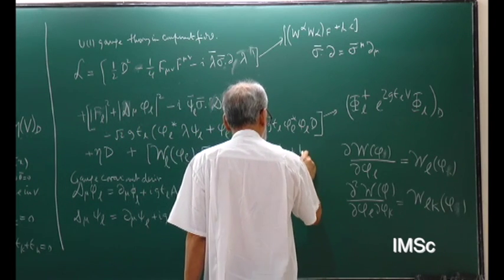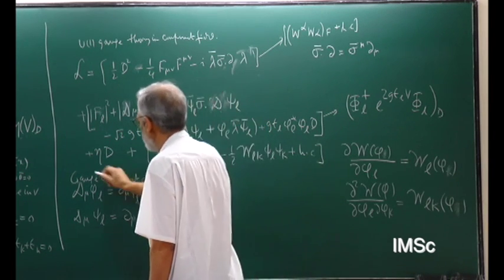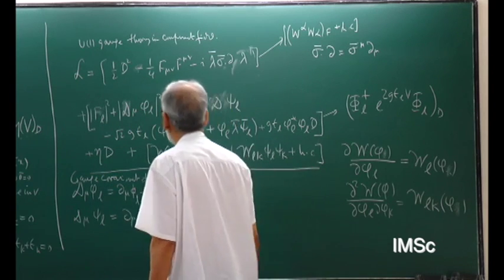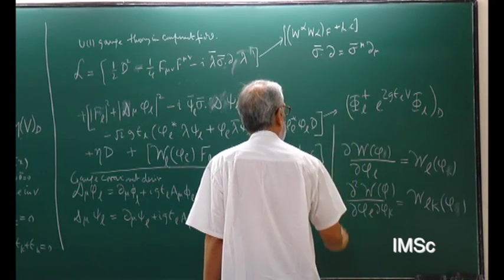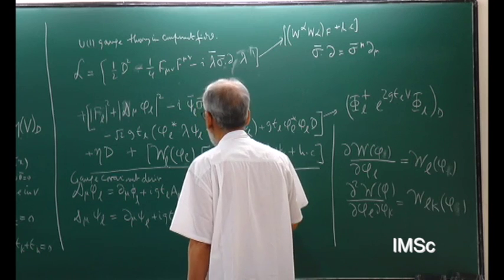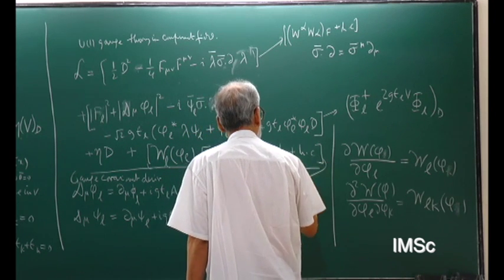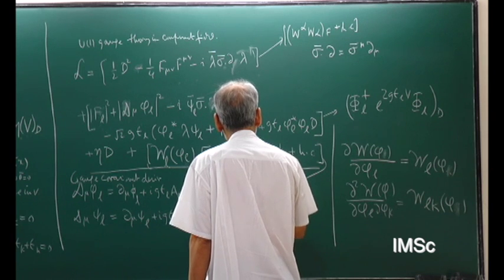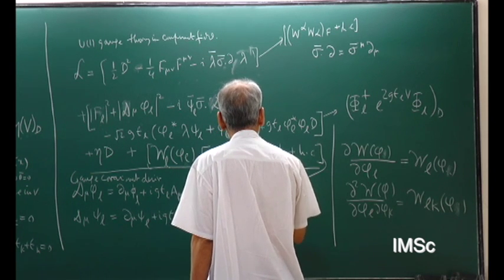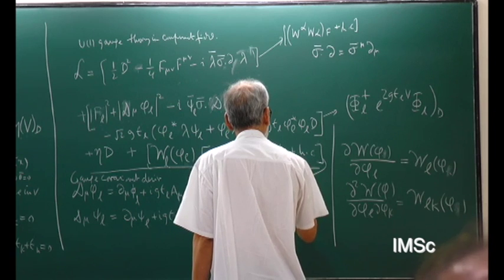And then Hermitian conjugate. This term comes from the F term of the superpotential, plus Hermitian conjugate.